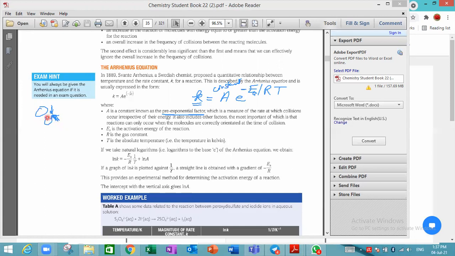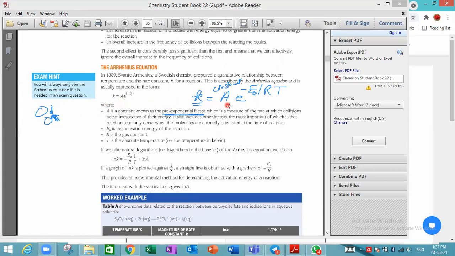Because as you remember in the collision theory, for any reaction to take place, molecules must collide together and they must have a certain orientation by which, when they collide, they can form the product. And of course, they must have energies equal to or greater than the activation energy.